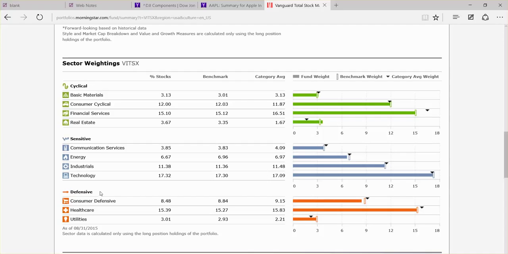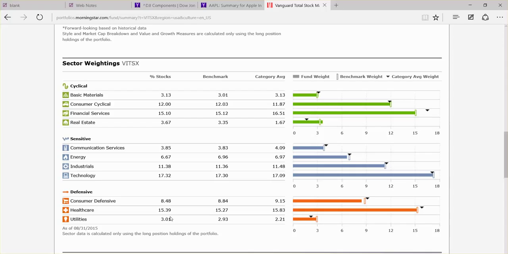Defensive kind of means they will move in the opposite direction of the market. Sensitive means they will move in the same direction as the market. And sometimes they'll break them down by like the total. Since there are 4 sectors in the sensitive sector, sometimes I might see these sums tallied, but they don't tally them here.